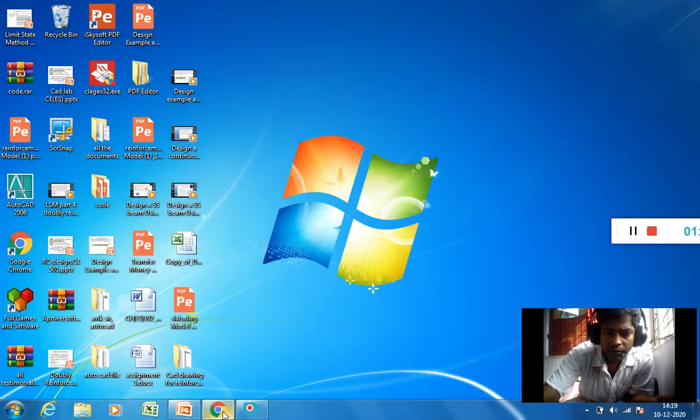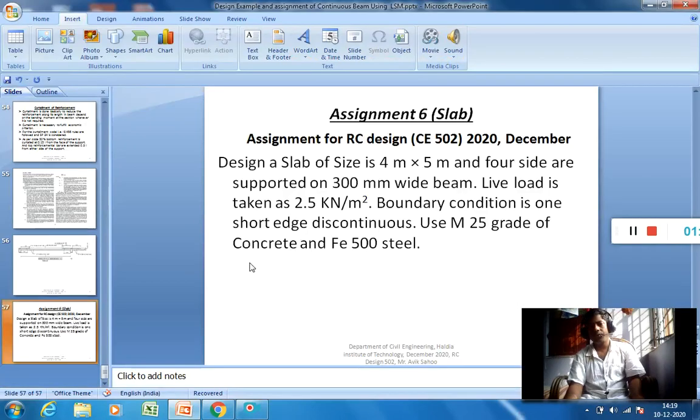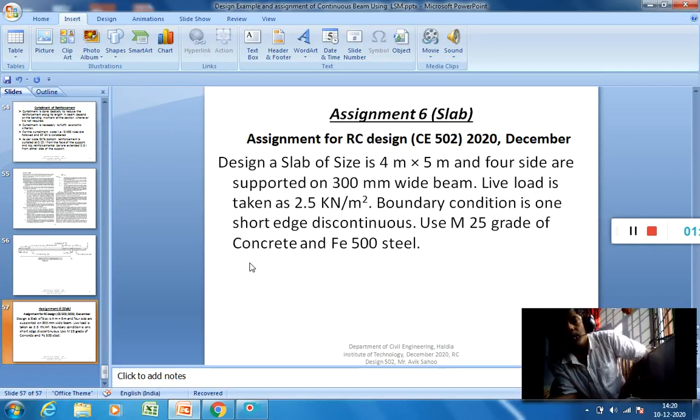So when you know the design procedure properly, you can generate a computer code. So using computer programming you can design any member, just changing the data we can get the reinforcement. So there is no need of detailed calculation.